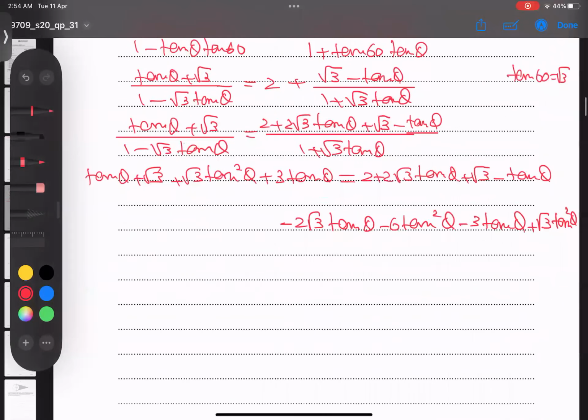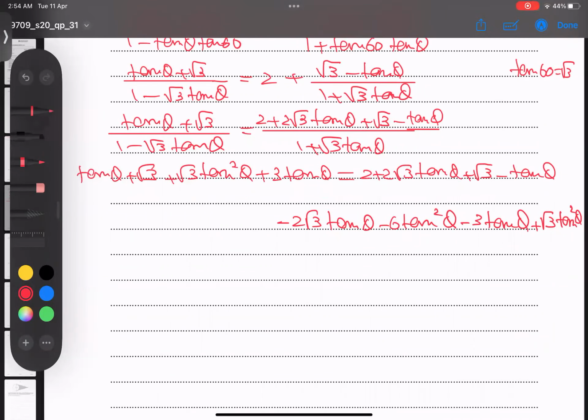Now students, what to do? Try cancellation. Is there a possibility or not? Yes, I can see that this and this are the same, so I think I can cancel easily. Onwards, we can check it. Wait a minute, both are on the same side, 2√3 tan theta and 2√3 tan theta are the same, they cancel out. What is further left? So when this 6 tan square with the negative sign comes to the left-hand side, it becomes positive.